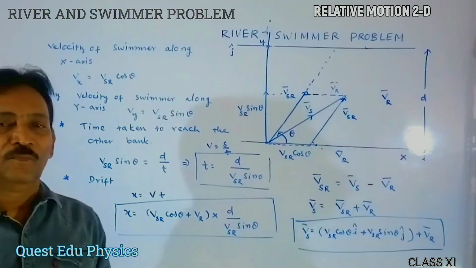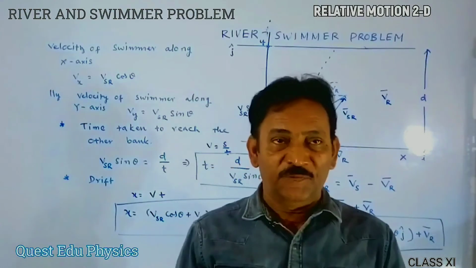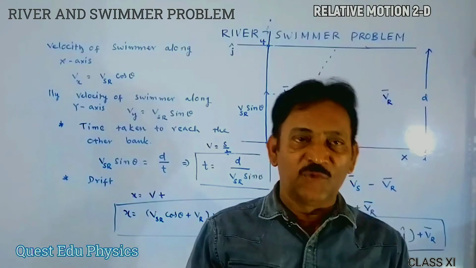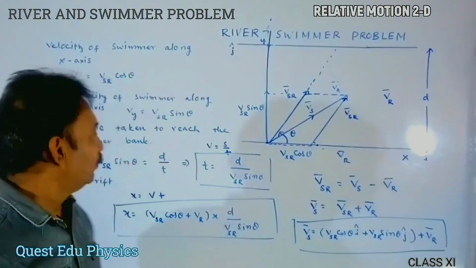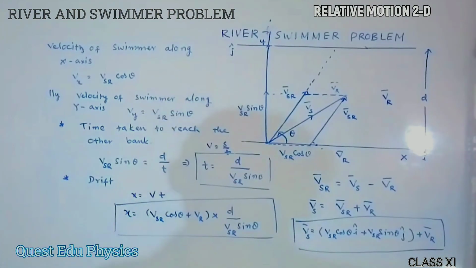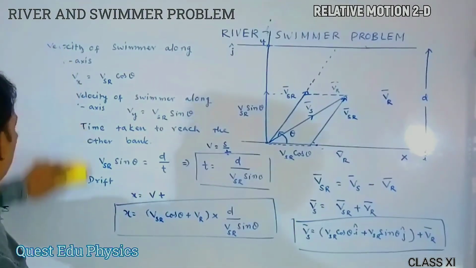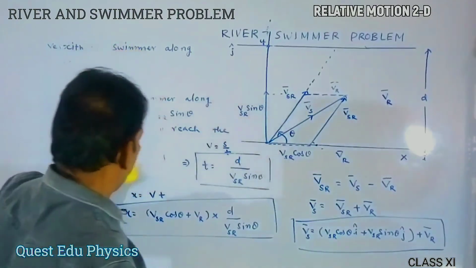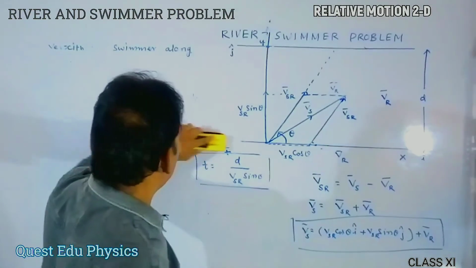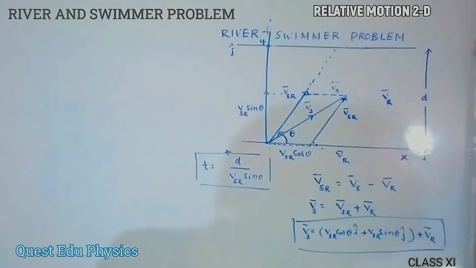Okay, students? In this way, we can calculate the drift as well as the velocity of the swimmer. And the most important thing here is the minimum time needed to reach the other side. I hope you understood this equation. Okay? Then after, we will find the minimum time. When will the time be minimum? See the equation. Time to reach the opposite bank is T, T is equal to D by VSR sin theta. Isn't it, students?